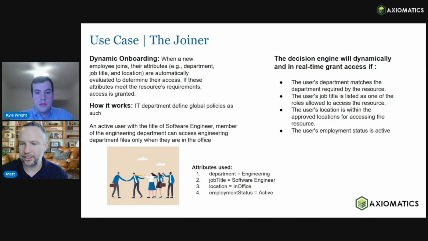So as an example, it's John Doe and he's based in the US, but more than that, their department is engineering. Their job title would be software engineer. Their location is that they work in office, they don't work remotely. And their employee status, obviously in this case, is active employee.